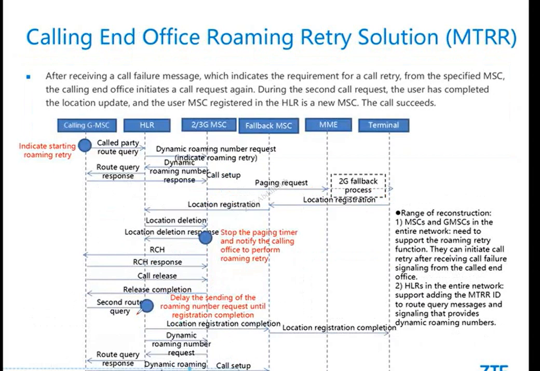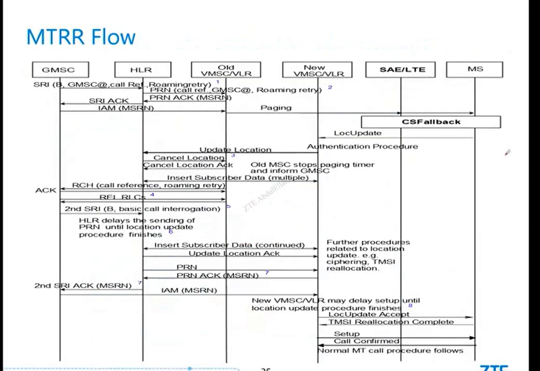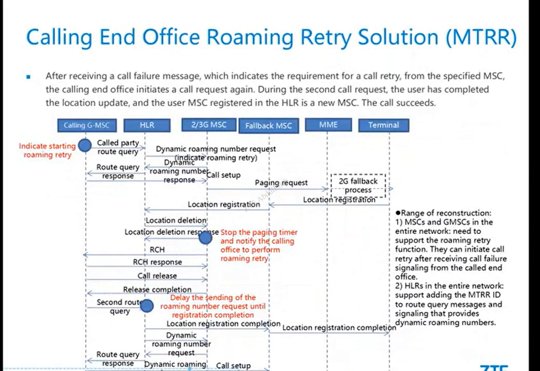So how to solve this problem? We have two technologies. First is MTRR. Second is MTRF. MTRR is like this: after receiving the call failure message, the UE will indicate the call retry from the specific MSC.